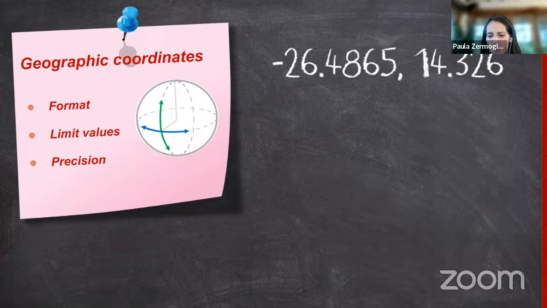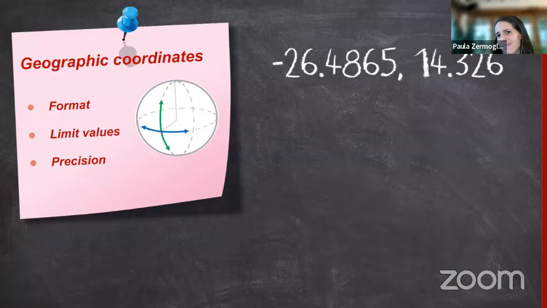Why? Because the other format that we usually use is on a sexagesimal base, that is degrees, minutes, and seconds. And so when we convert that to decimal, we sometimes end up with infinite decimal places because of how the conversion is done.